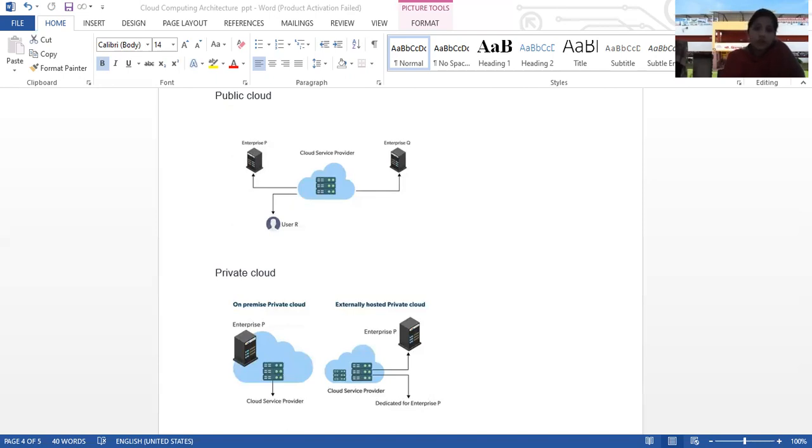The advantages of using a private cloud are customer information protection and infrastructure sharing. For customer information protection, security concerns are less in a private cloud, since customer data and other sensitive information do not flow out of the private infrastructure.